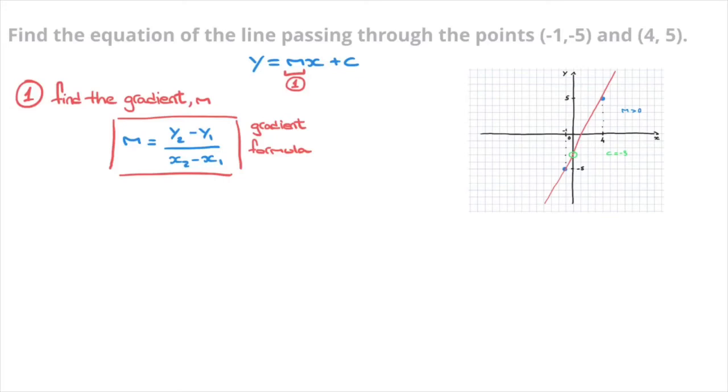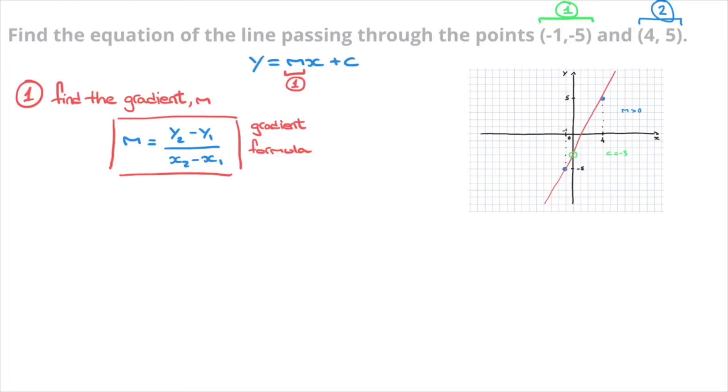Looking back at the question, we were told that the line passes through the points with coordinates (-1, -5) and (4, 5). So we can go ahead and call this first point (-1, -5) point 1, and we'll call the other point (4, 5) point 2. Now it really doesn't matter which one we call point 1 and which one we call point 2.